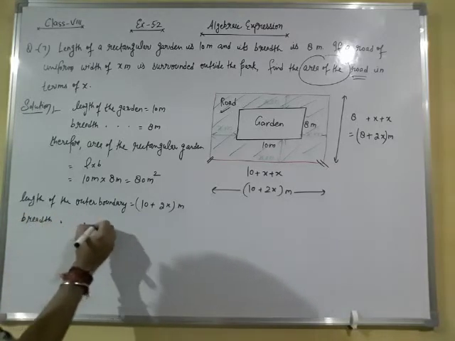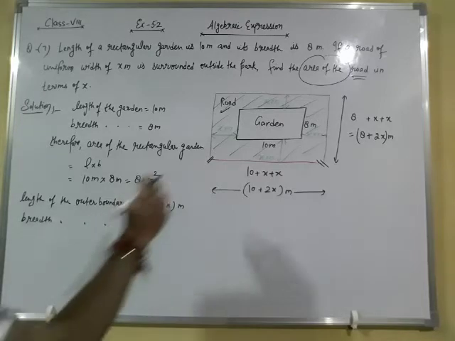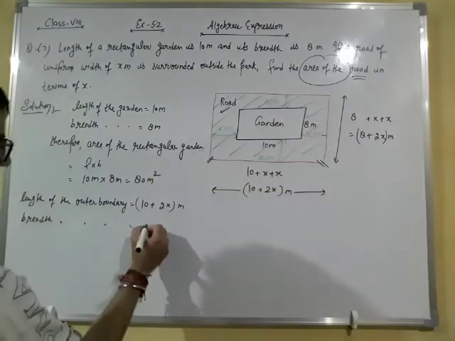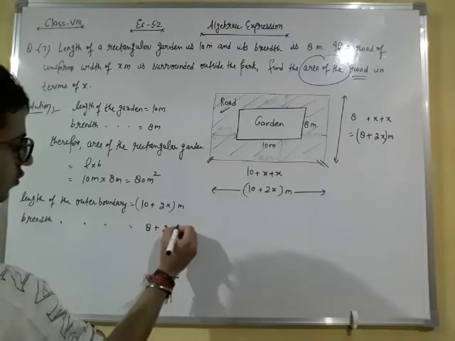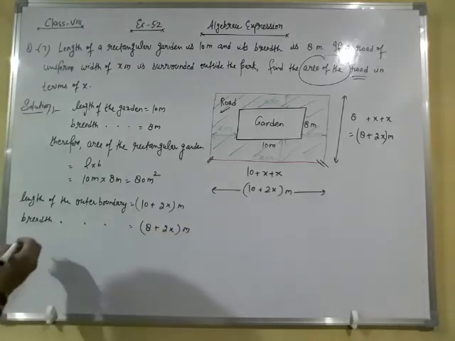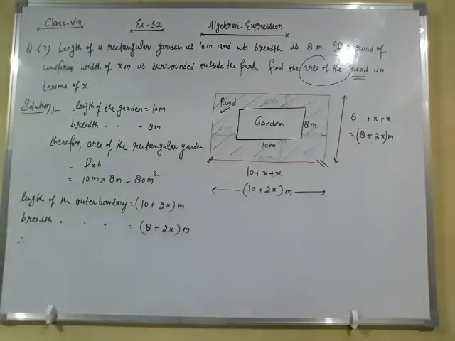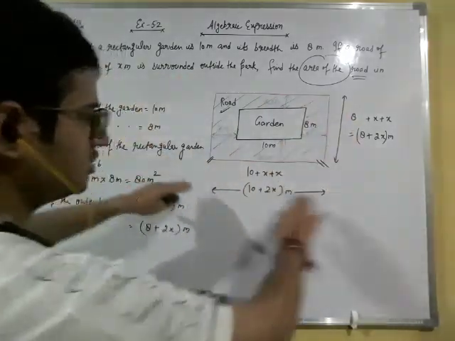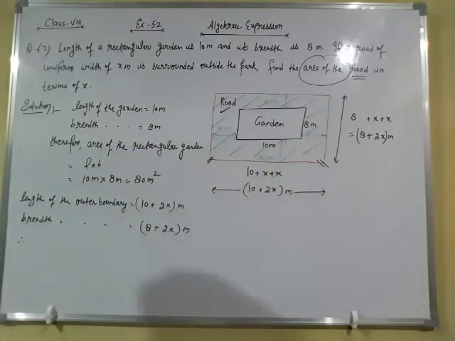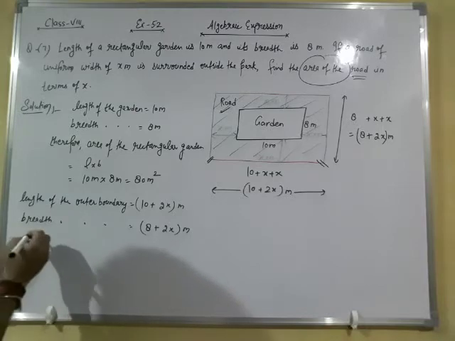Breadth of the outer boundary will be equal to 8 plus 2x meter, and we all know that it is in the shape of a rectangular field.